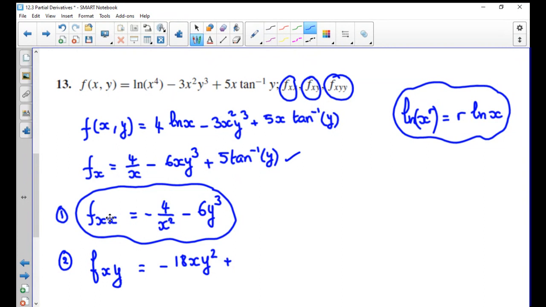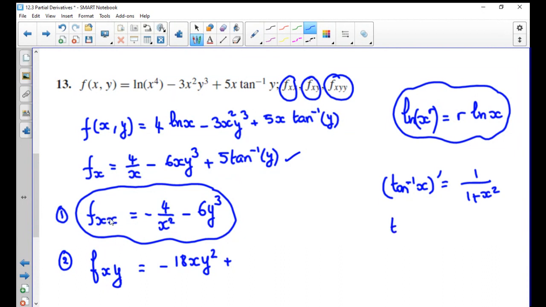And then, now, what is the derivative of tan minus 1? y dash over 1 plus y dash squared. Okay, but y dash is what? 1, yes. Remember, the rule is, in general, tan minus 1 of x, its derivative is 1 over 1 plus x squared.